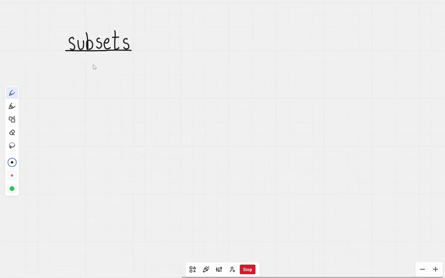Alright, so our first topic is subsets. A set A is a subset of set B if every element of A is also an element of B. So the notation of subsets is this. This is used to represent subsets. Now, we'll take up an example.